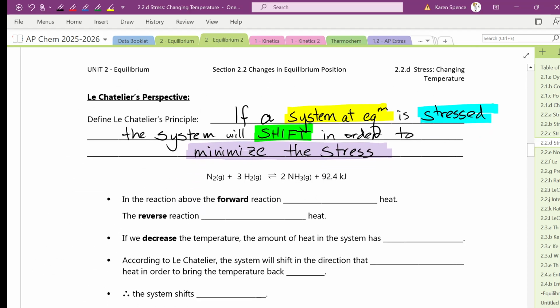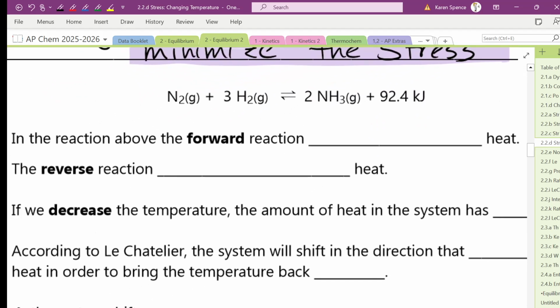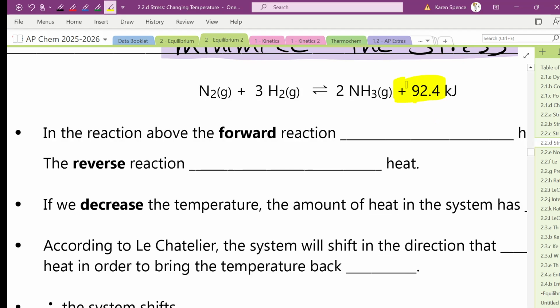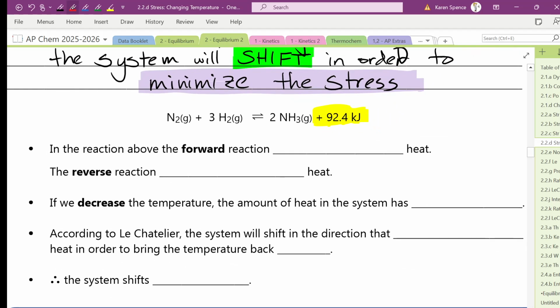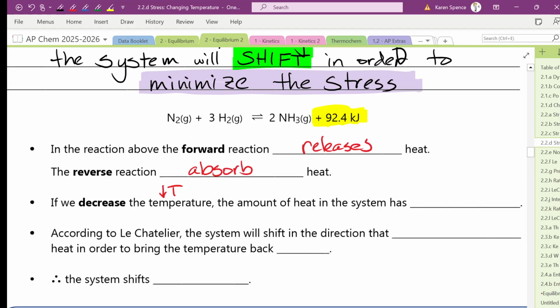In the reaction above, the forward reaction, okay, so this reaction here, and here is our heat term. In this reaction, does the forward reaction absorb or release heat? The forward reaction releases heat. And the reverse reaction, therefore, must absorb heat. If we decrease the temperature, what have we done to the amount of heat in the system?